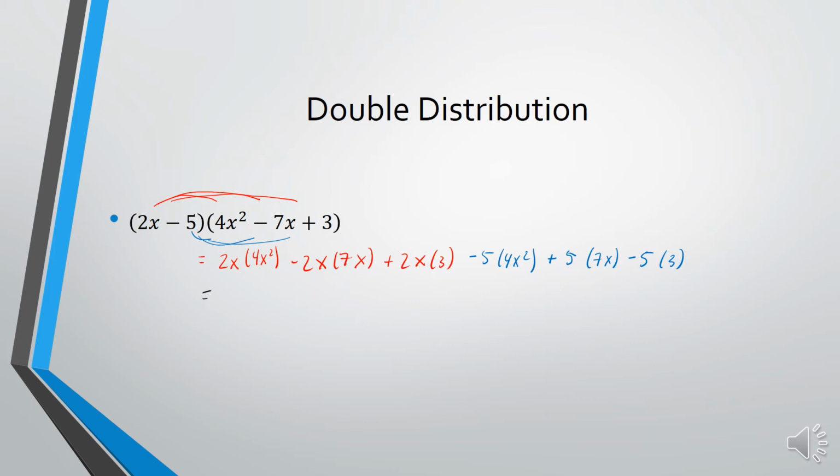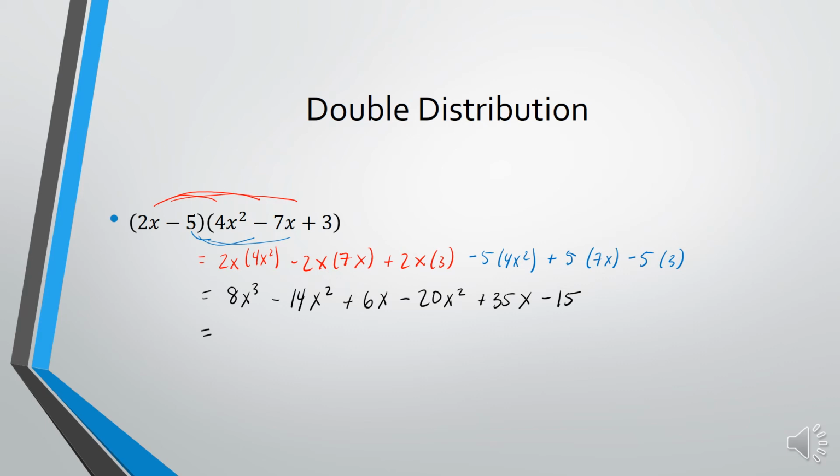For my first piece, I'll have 8x cubed minus 14x squared plus 6x minus 20x squared plus 35x, and lastly, minus 15.